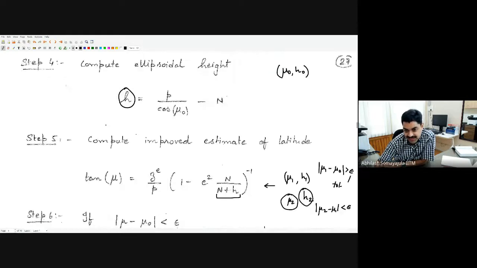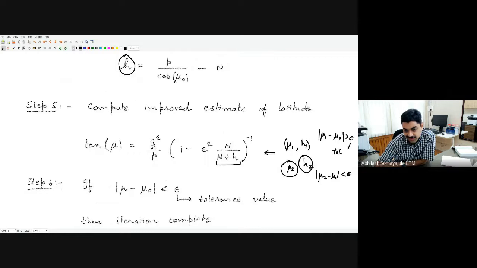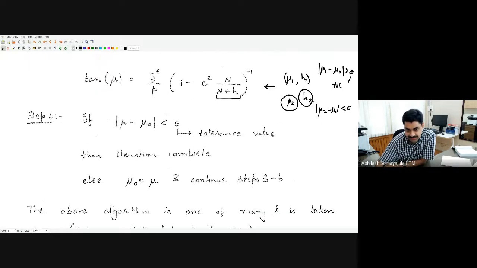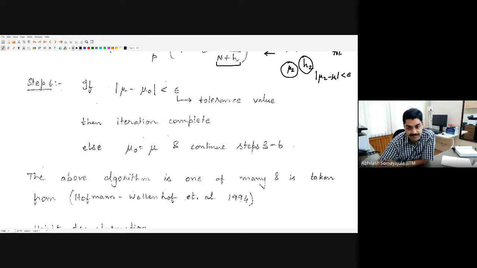The next part I bring in N by N plus h. That h gets updated, it will update the mu, the mu will again update the h, and this process continues until mu converges. As long as mu minus mu0 is less than some tolerance value, the iteration is complete. Otherwise, you set mu0 equal to mu and then continue steps 3 to 6.